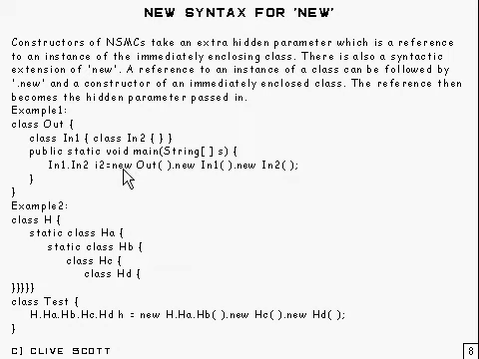And to construct it, because it's this static here, we're going to need an instance of out, so we do new out to start with, and then .new in1. Right, so that .new in1 is going to pass an instance of out into the constructor for in1. Okay, so that will make an instance of in1, and then we use that instance of in1 to put .new after it, and call the in2 constructor, and that ends up making an instance of in2.